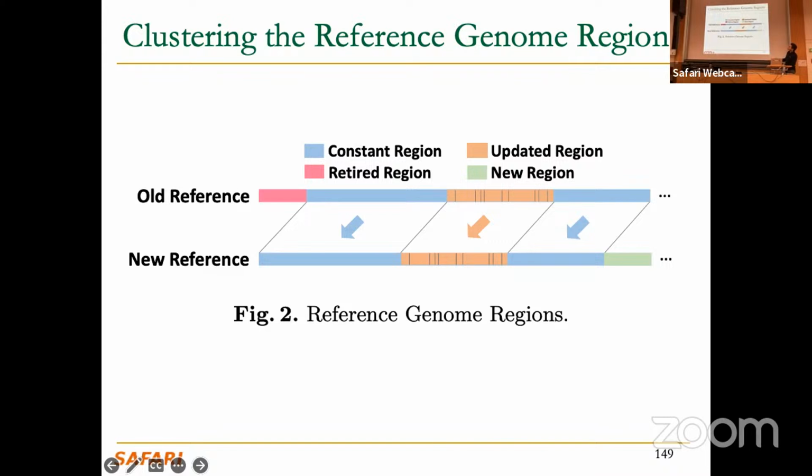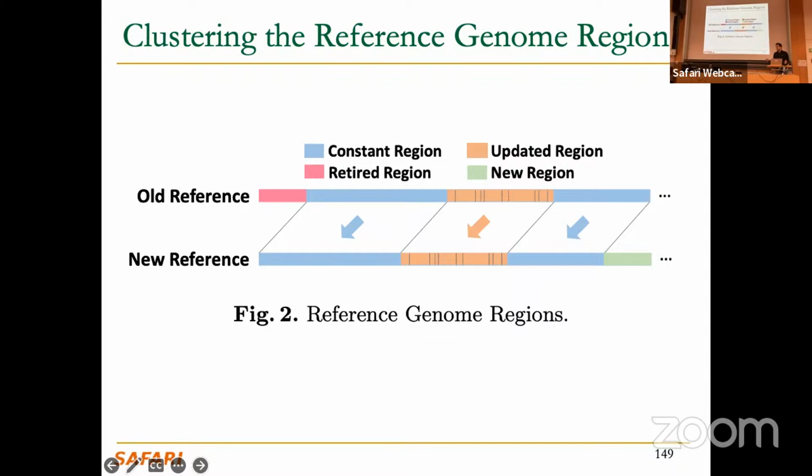If the dictionary tells you that you're at a constant region, what we can do is simply update the mapping position and nothing else. Nothing else means, for example, the alignment information, maybe the edit operations that we identified in the old reference genome.